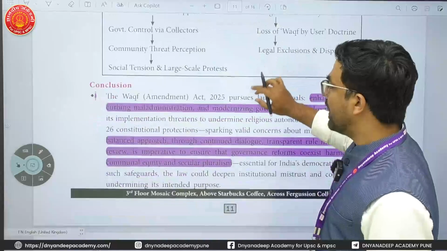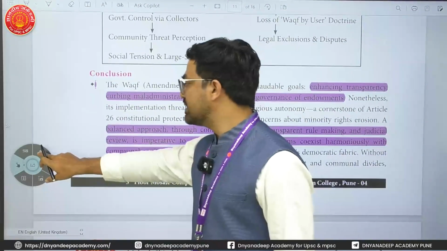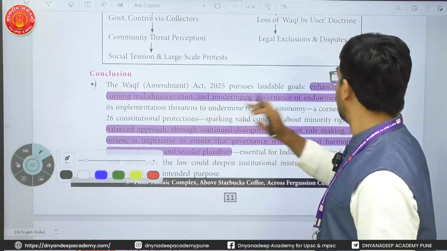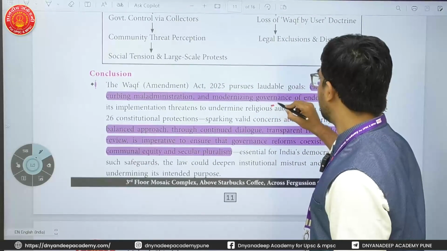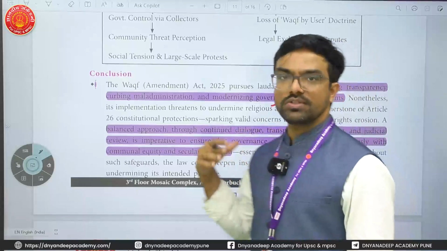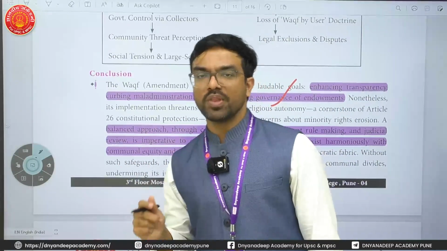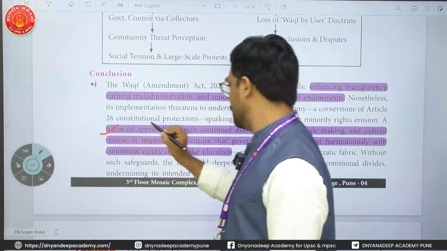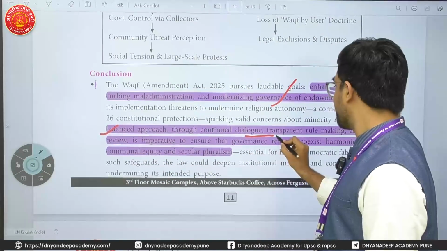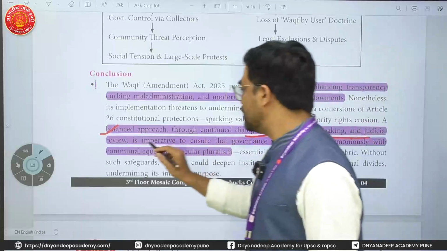But we have to give a balanced opinion: yes, this act ensures against maladministration, and it ensures modern governance of waqf endowments. Yes, this is a good purpose, but it should adopt a balanced approach through continued dialogue, transparent rule making, and judicial review.